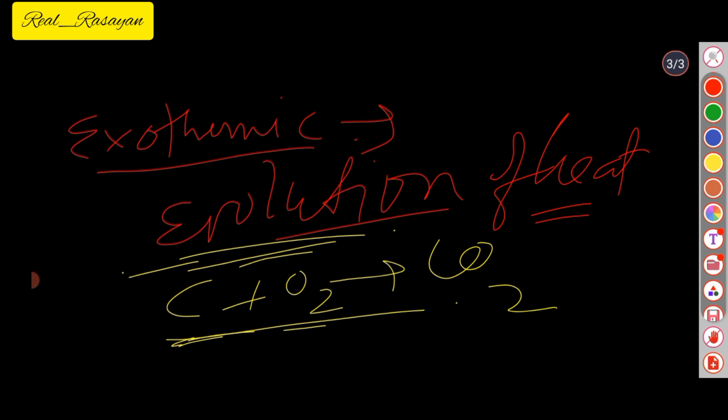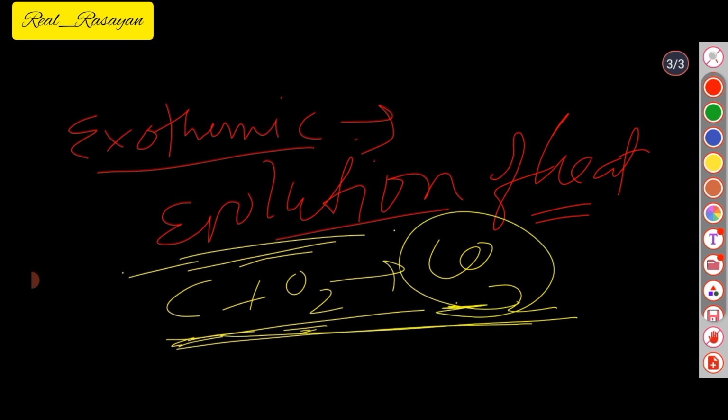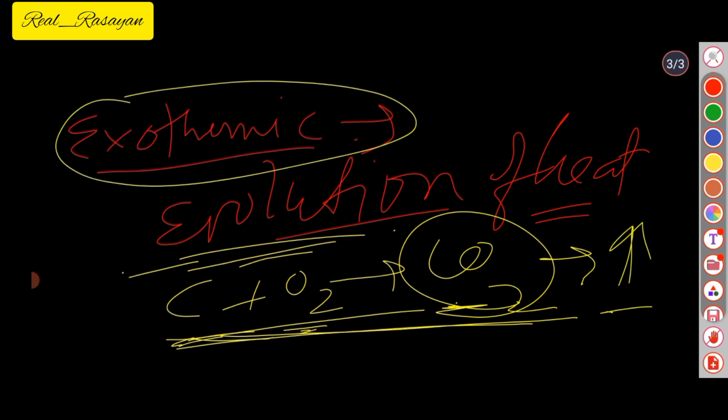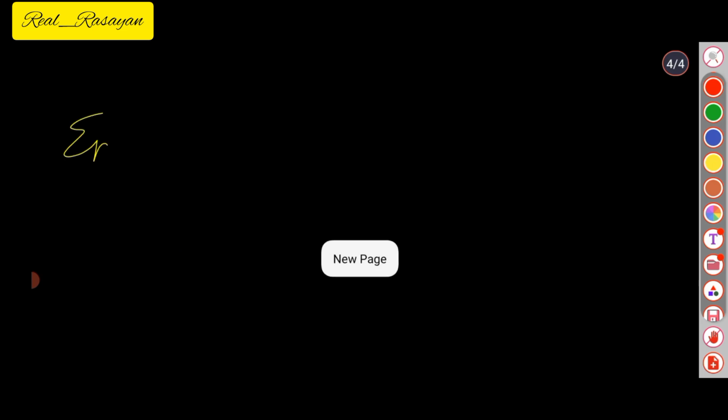Here the combination of the 2 substances gives a single product. So the type of chemical reaction is combination reaction. Where combination takes place, there is the evolution of heat. So the exothermic reaction can be a combination reaction.